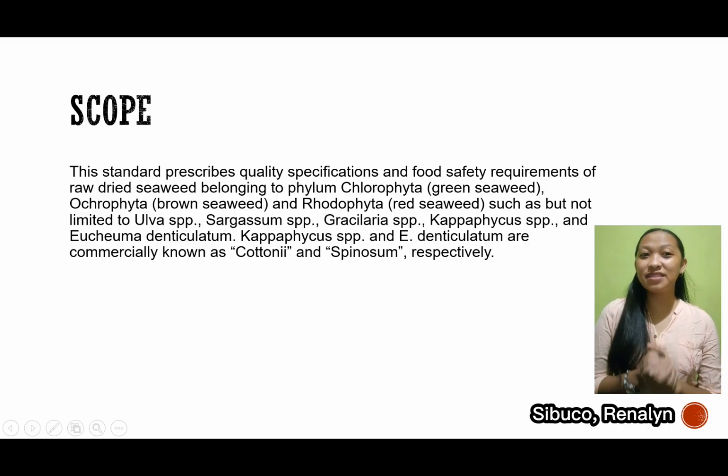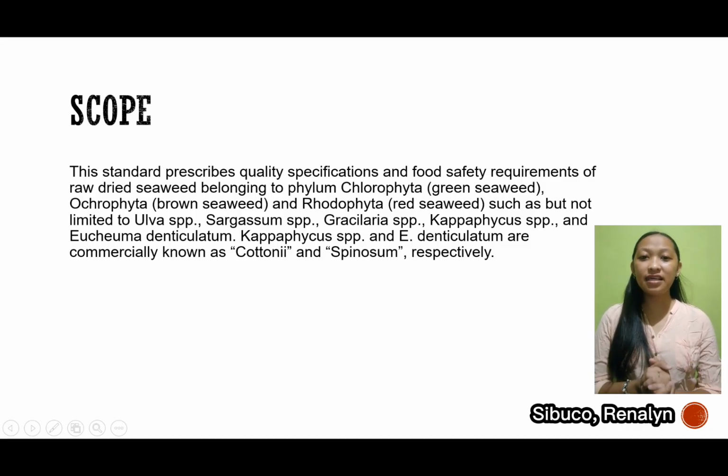Good day. I am discussing the scope of raw dried seaweeds. This standard prescribes quality specifications and food safety requirements of raw dried seaweeds belonging to phylum Chlorophyta, the green seaweed, Ochrophyta, the brown seaweed, and lastly the Rhodophyta, the red seaweeds, such as but not limited to Ulva, Sargassum, Gracilaria, Kappaphycus, and Eucheuma denticulatum.